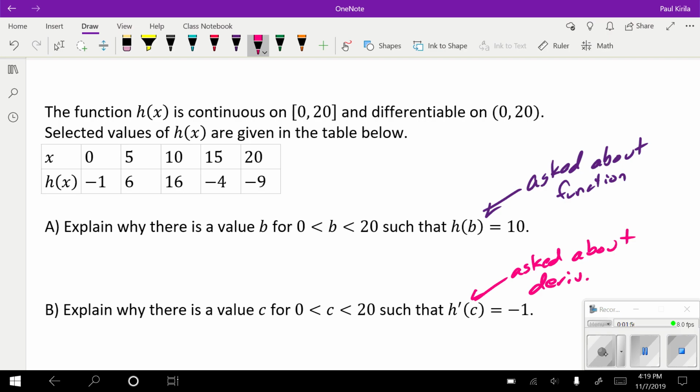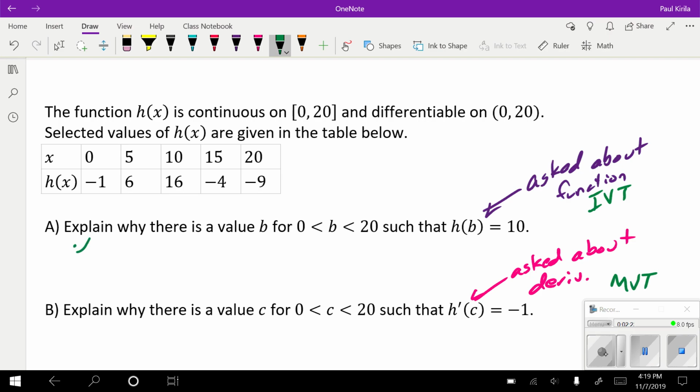So when I see a table problem, if they're asking me about function values, and the table talks about function values, I'm going to be using IVT. Whereas if they're asking me about the derivative of what's in the table, this leans me toward considering the MVT.